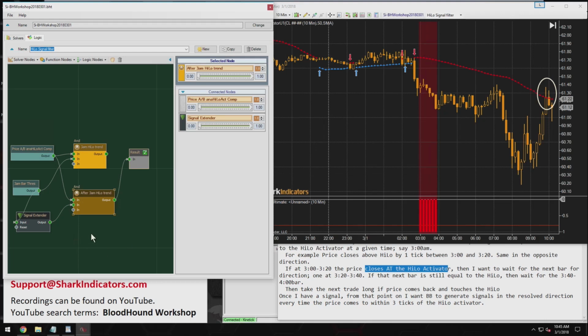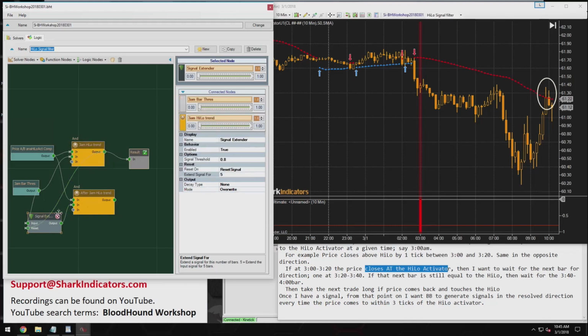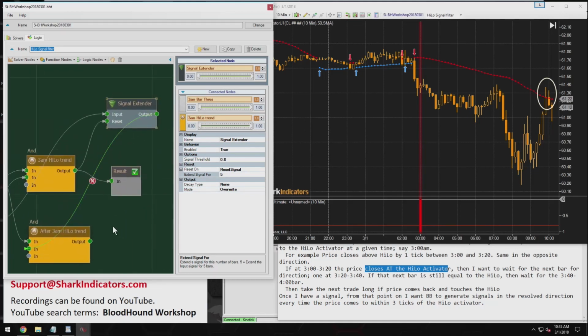We can take this AND node and feed it back into the signal extender to turn it off. Let's feed that back to the reset. If we take a look, we have the AND node going into the reset here.